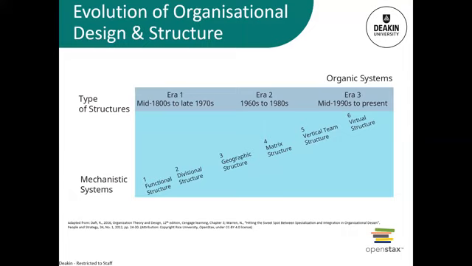Then that moved to the geographic structures in the 60s to 80s. And then in the 1980s, the environment changed a lot, from that more simple, stable, certain environment to one that was very complex and dynamic.